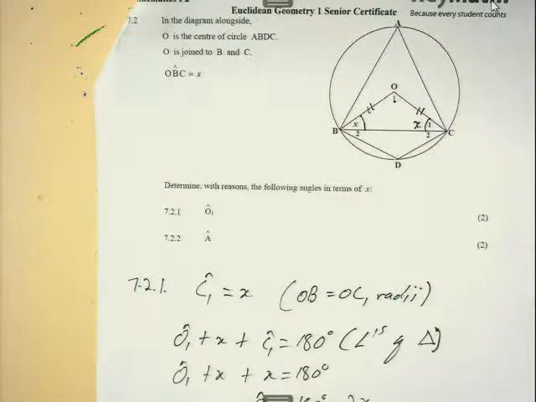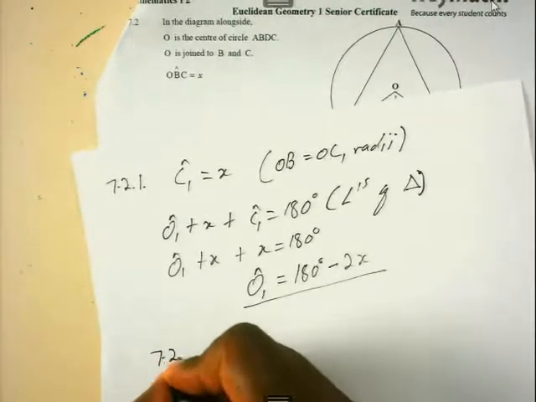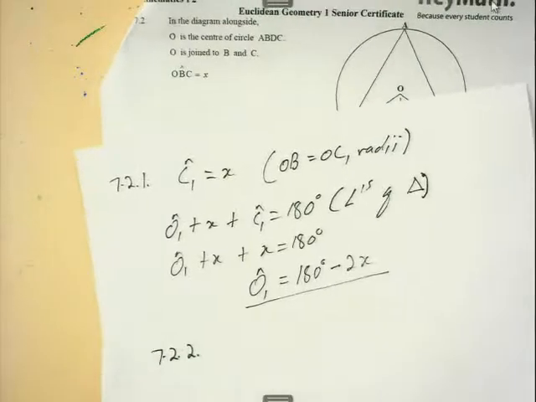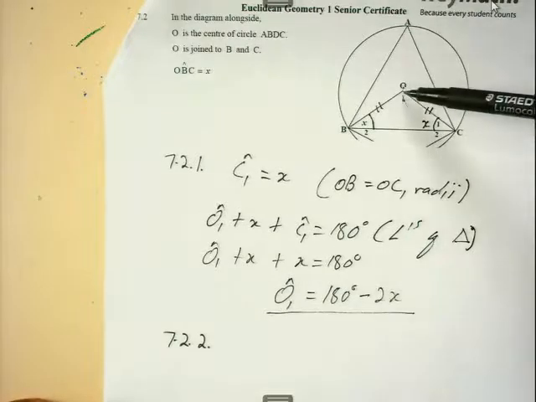let's determine angle A in terms of x. Numbering is key. 7.2.2. We want to determine angle A in terms of x. Remember, from the given statement, O is the center of the circle.